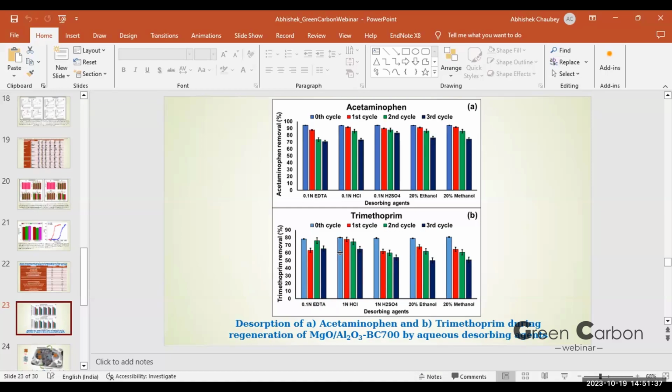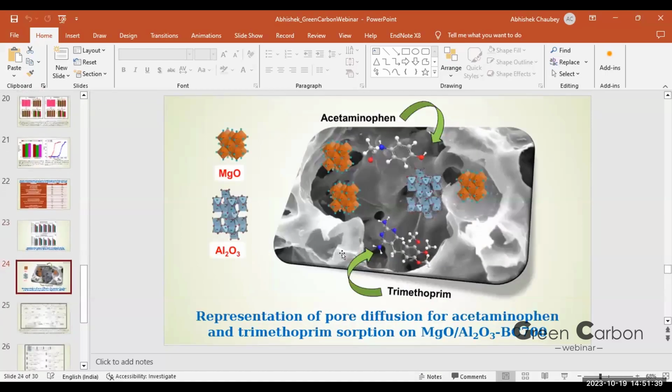And now we come to the mechanism part. What would be the possible interaction of these pharmaceuticals with biochar, MgO, and aluminum oxide? We know that pore diffusion is a well-described interaction for pharmaceuticals on porous surfaces, so we also give a representation of pore diffusion.